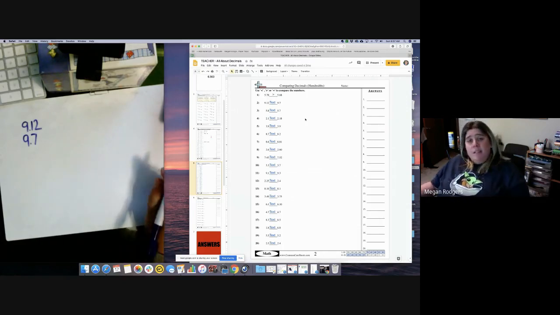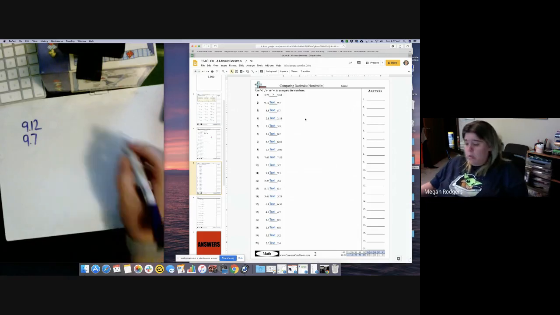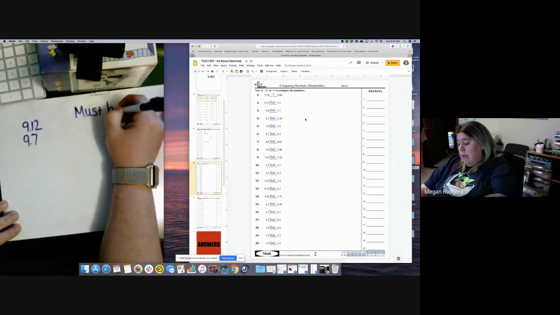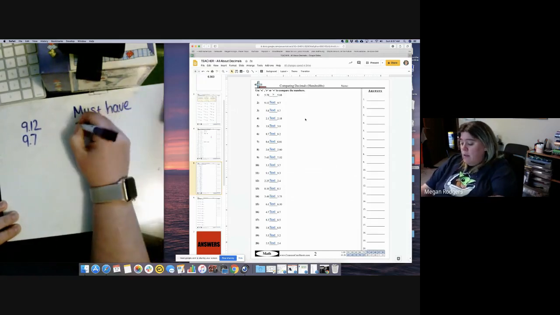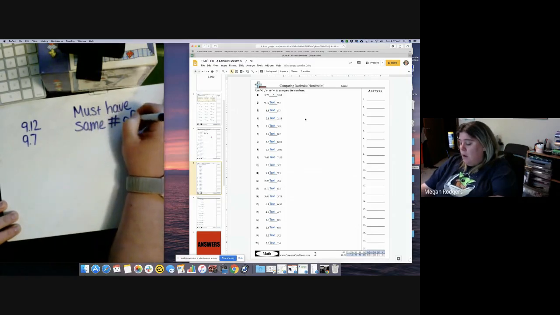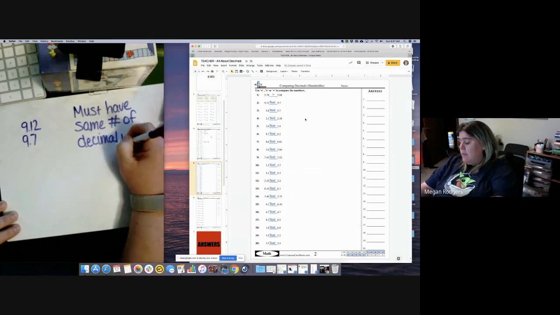If your gut instinct told you that 9 and 12 hundredths is larger, you fell for the trap. Whenever we are comparing decimals, you must have the same number of decimal places.